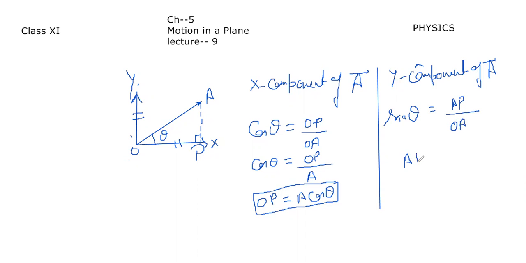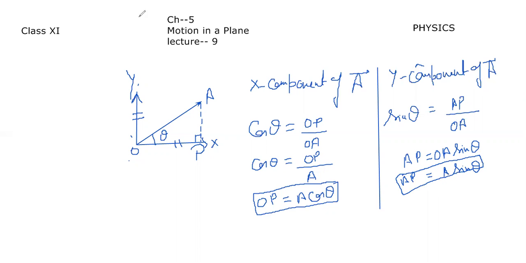So AP equals OA sine theta. And what is the value of OA? That is capital A sine theta. So this is the value of AP. AP equals A sine theta. So vector A is resolved in these two forms.